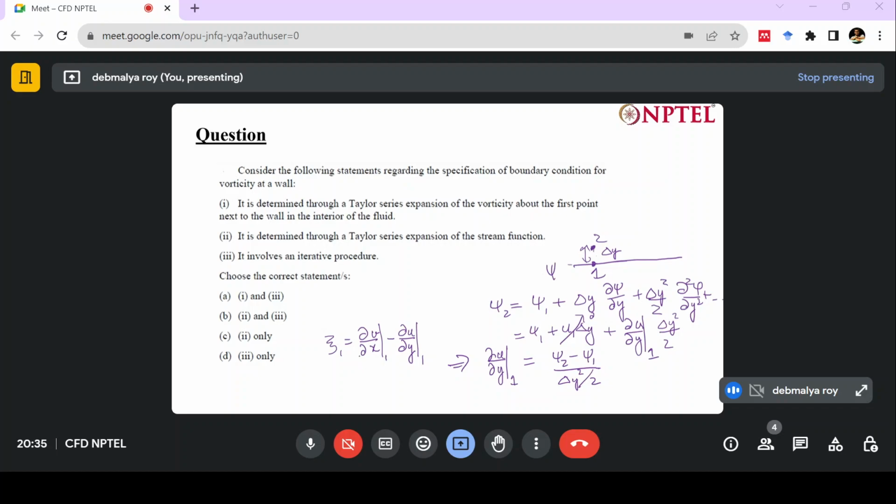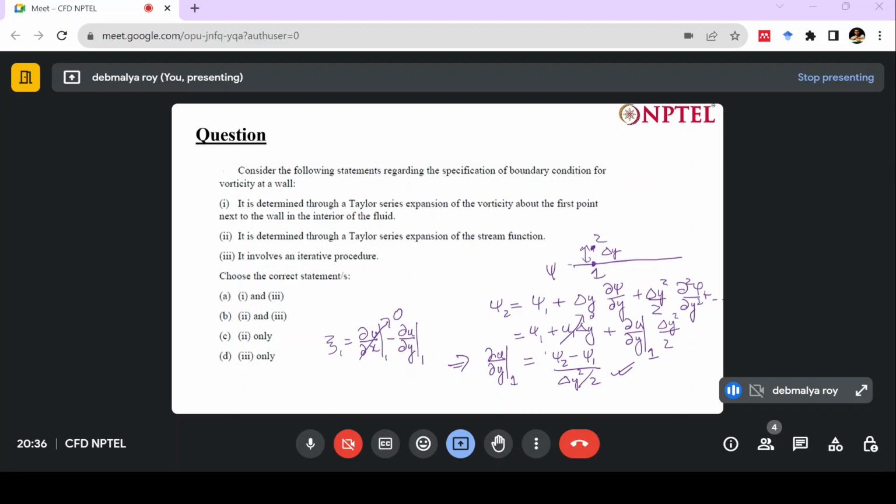Now del v del x at 1 will be 0. Why? Because with respect to x, v is not varying. V is 0 because of the no penetration boundary condition. V is 0 at the boundary and will be 0 for the next x as well. So there is no gradient in the x direction for v. So that is 0. So vorticity is basically minus of this. So that's how we can get vorticity.